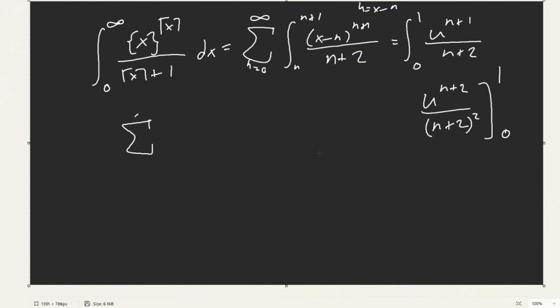So what we have is the sum of 1 over n plus 2 squared. That's like 2 squared, plus 3 squared, plus 4 squared.